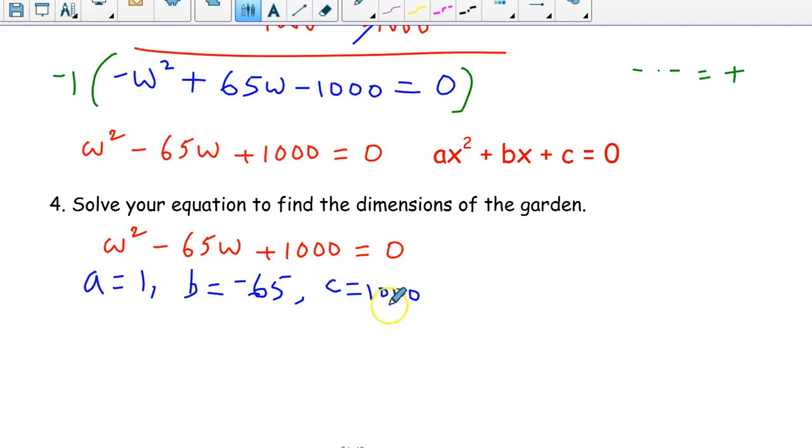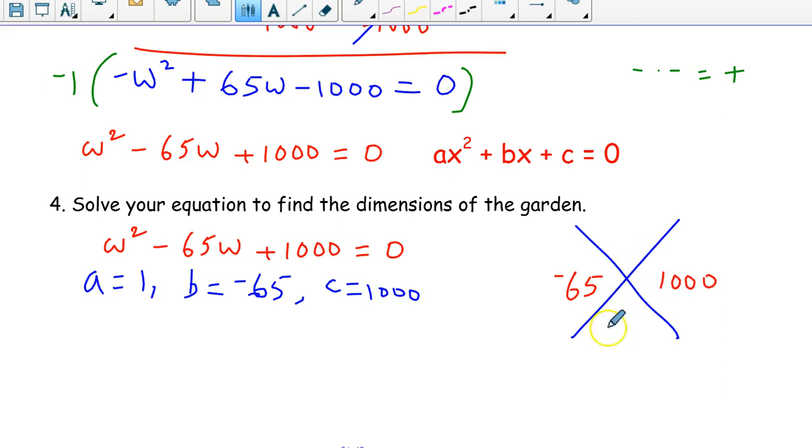So 1 times 1000 is the same 1000 only, and let us look for those two numbers whose product is 1000, and whose sum should give you negative 65. So the sum is negative 65 and the product is equal to 1000.